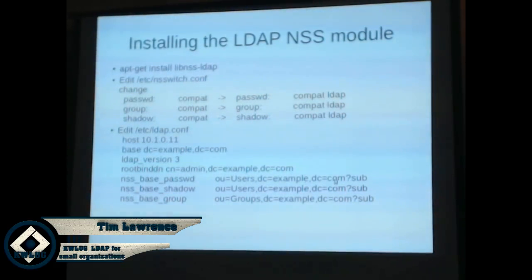And so this gives the DN for that stuff. And that little question mark sub tells it it can search subdirectories or sub-entries under that DN. So not just for the people in that DN, but if any of the entries in that DN are parents, it can search their children and so forth and so on.